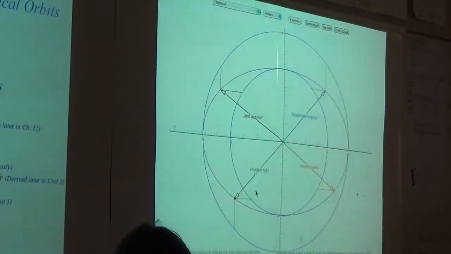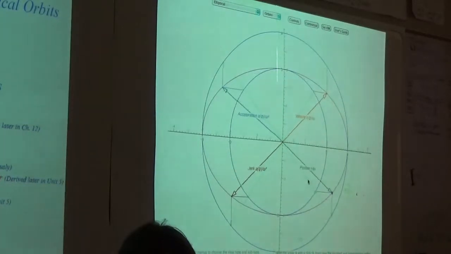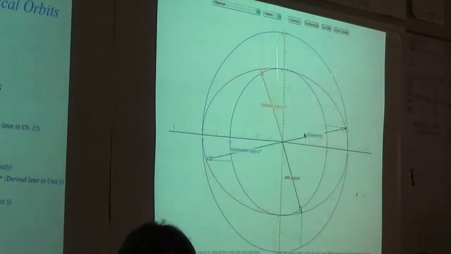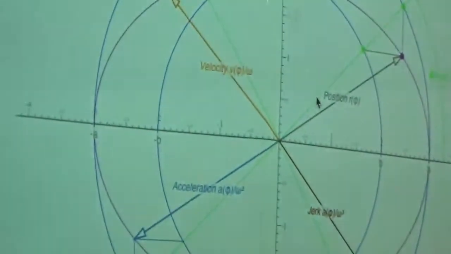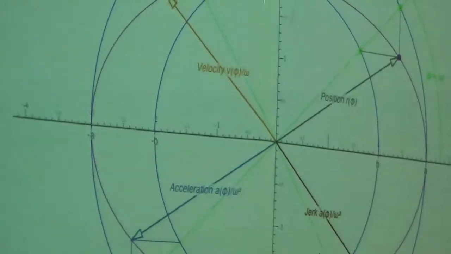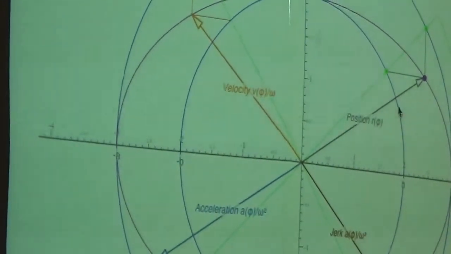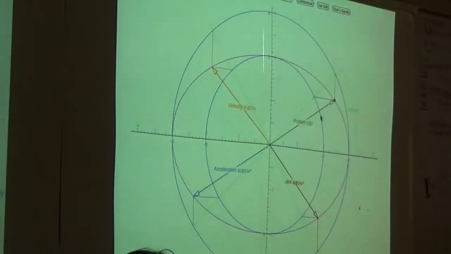It's worth knowing about these for any system, because every system can be Fourier analyzed, and each Fourier component will have one of these. So you have here position, velocity, acceleration, and jerk. Those are the things that you work with in mechanics. And the oscillator is particularly nice in the sense that for this, they're all the same, roughly.